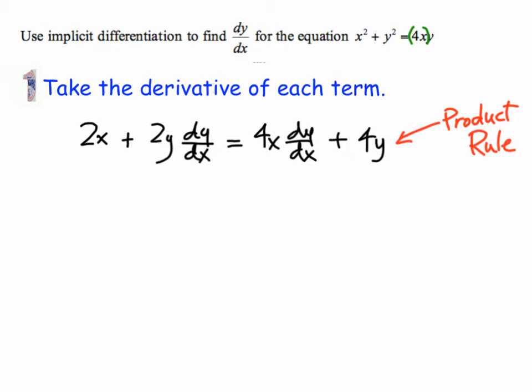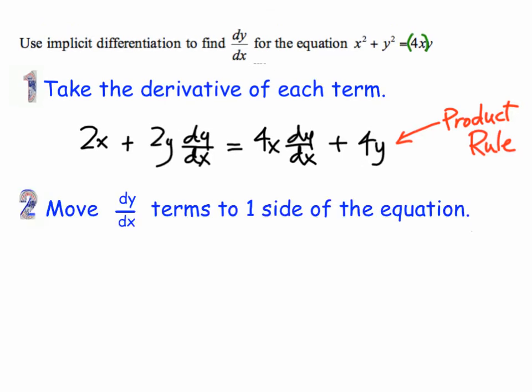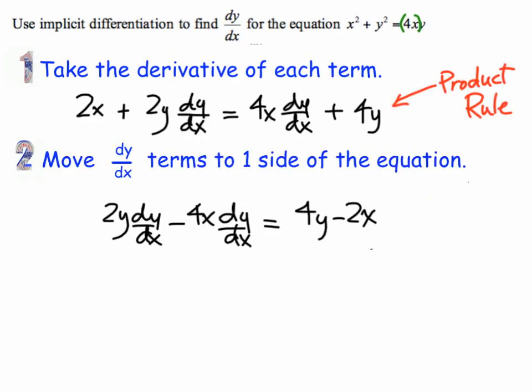So we have to have the dy over dx's on one side of the equal sign, and I'm going to move them over to the left-hand side. So 2y dy over dx minus 4x dy over dx equals 4y minus 2x.